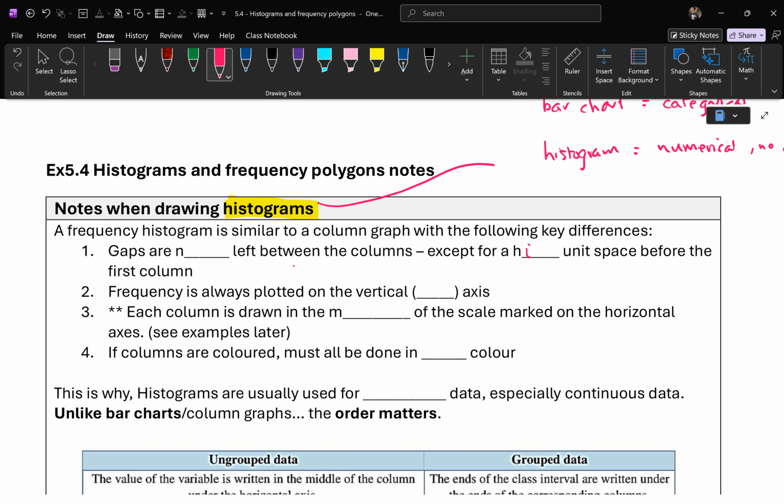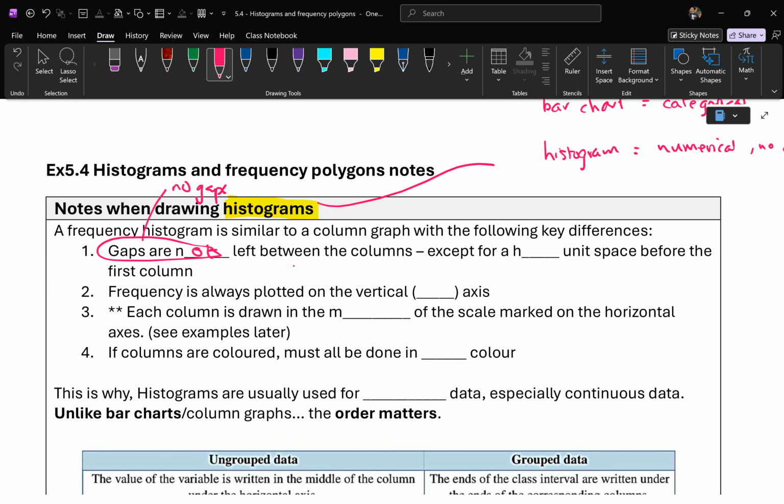I know what I want to say, but I'm not sure what words I was using at the time. So I should have just said no gaps between columns. It should have just been no gaps. I'm going to go fix my notes.